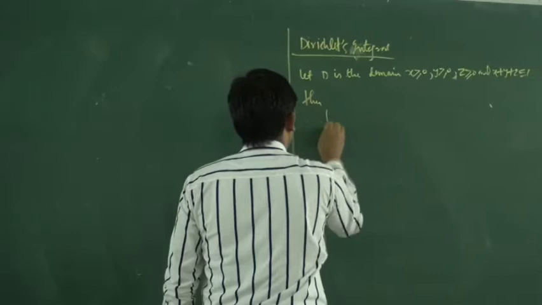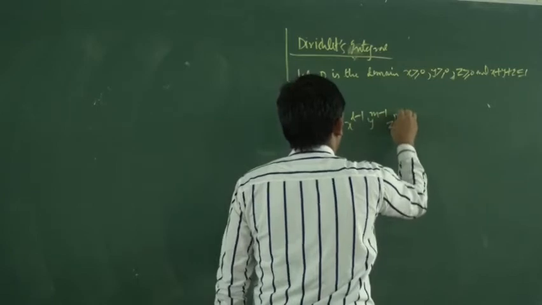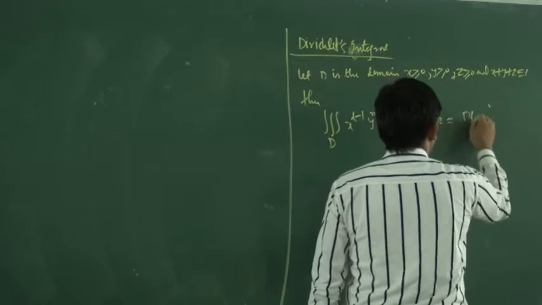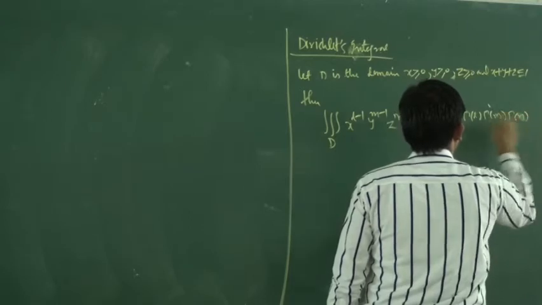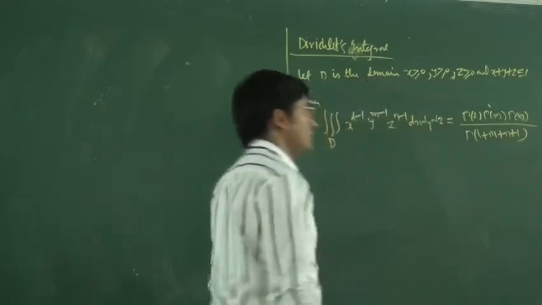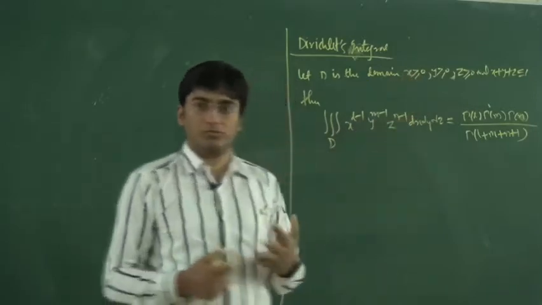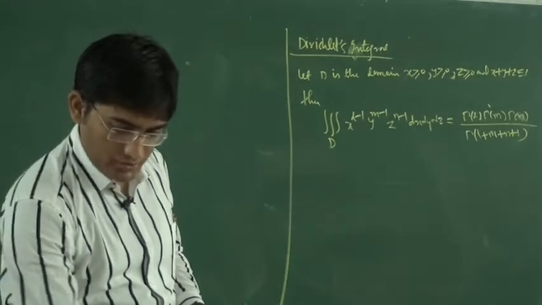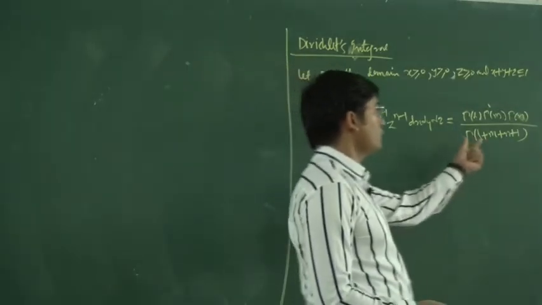Then the value of this triple integral is equal to gamma l, gamma m, gamma n upon gamma l plus m plus n plus 1. So we have to show that the value of this triple integral is equal to this one.